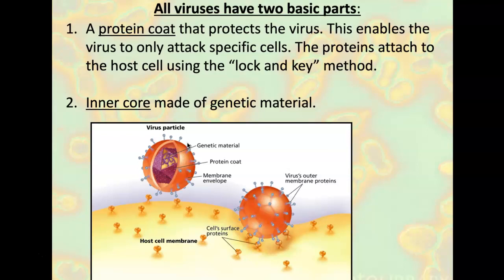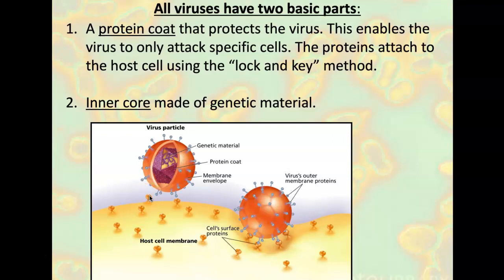So if you wanted to enter your house, you would need a specific key in order to open the door to go into your home. So that's the same thing with viruses. In order for a virus to attach to a host cell, it has to have the right receptors. It has to have the right proteins to attach to these little protein receptors, these cell surface proteins.